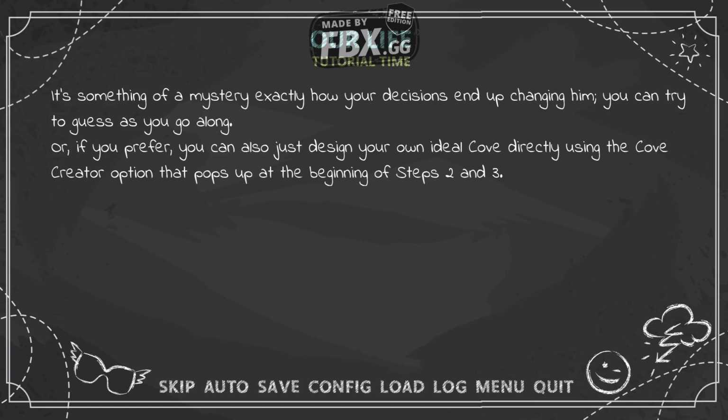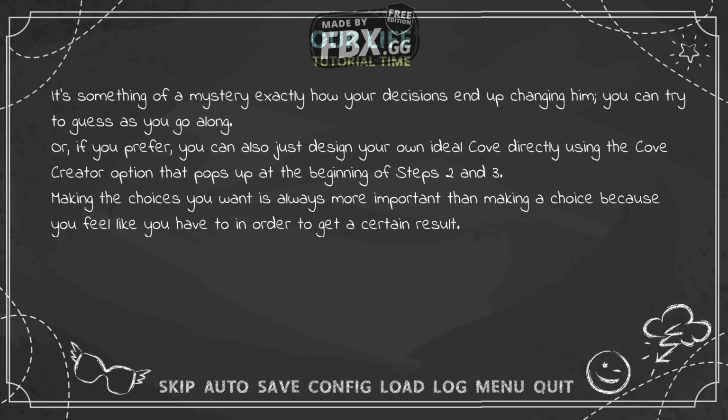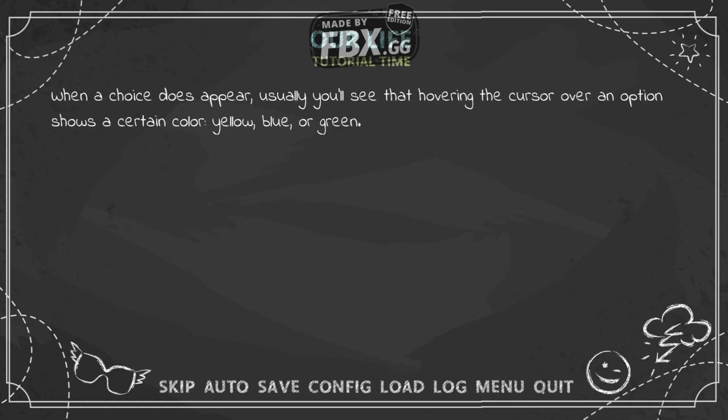Or if you prefer, you can also just design your own ideal Cove directly using the Cove Creator option that pops up at the beginning of steps 2 and 3. Making the choices you want is always more important than making a choice because you feel like you have to in order to get a certain result. When a choice does appear, usually you'll see that hovering the cursor over an option shows a certain color: yellow, blue, or green.